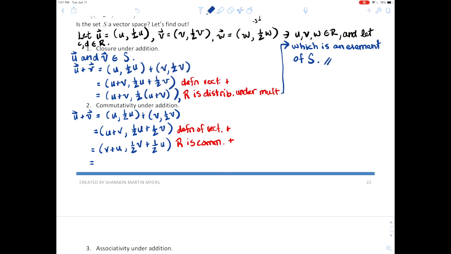Now, this one will be equal to, if I split them apart again, v comma 1/2 v, so I'm using the definition of vector addition backwards, if you will, plus u comma 1/2 u.